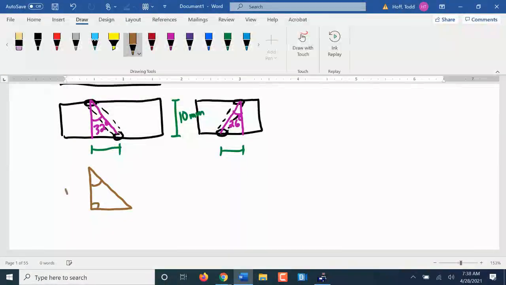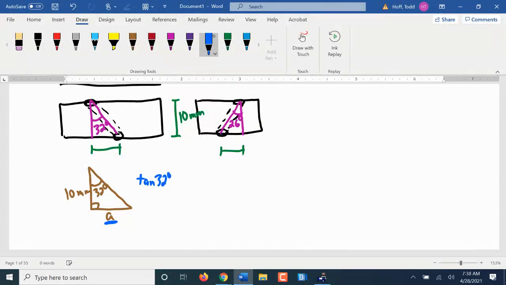Here, this would be the 10, 32 degrees. I'll call this dimension A here. How would I find dimension A there? Tangent. Got it.